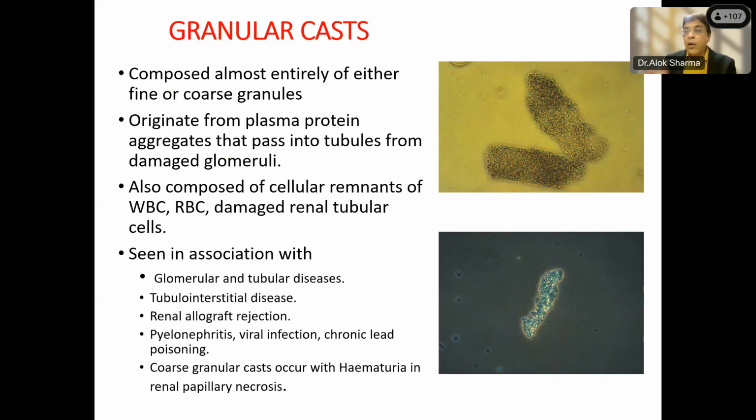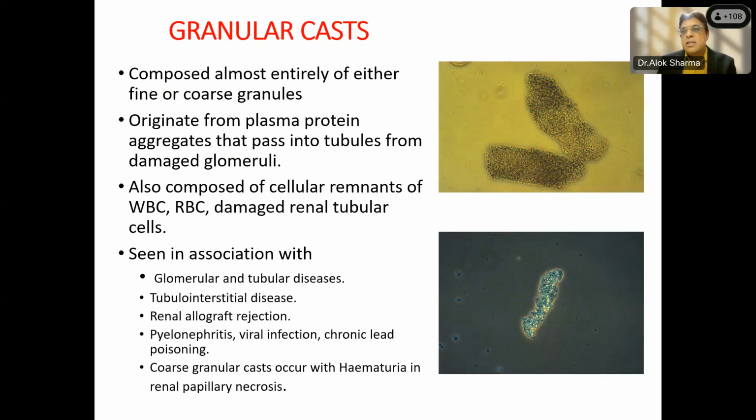Whereas granular casts are almost predominantly composed of granular material. These originate from plasma protein. These granules are basically composed of plasma protein aggregates that pass into the tubules from the damaged glomeruli. And many times these granules are also composed of cellular remnants of WBCs or RBCs or damaged tubules.